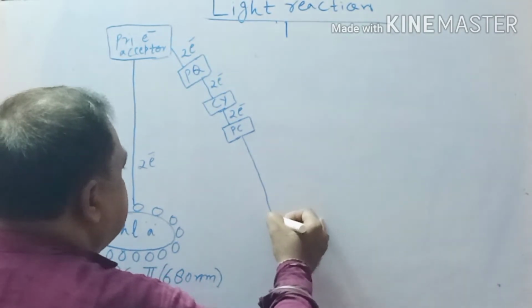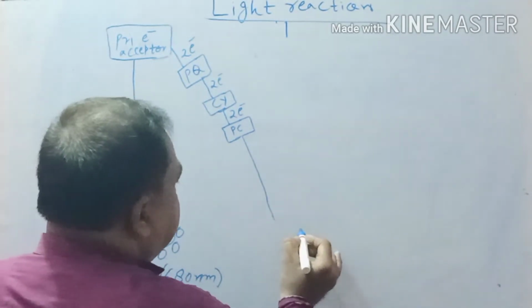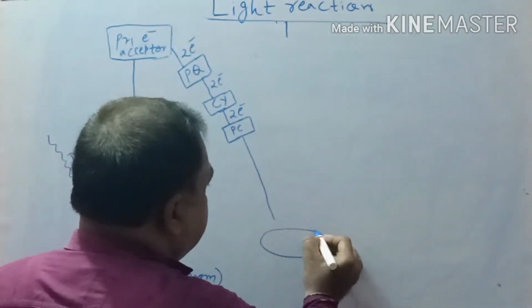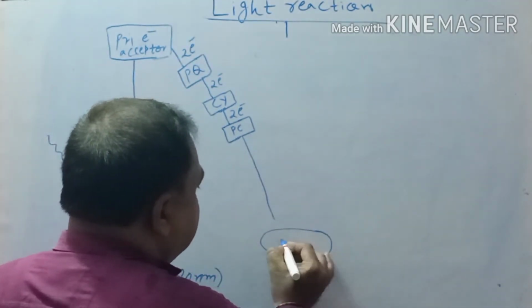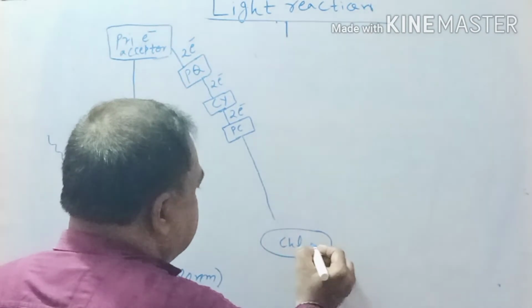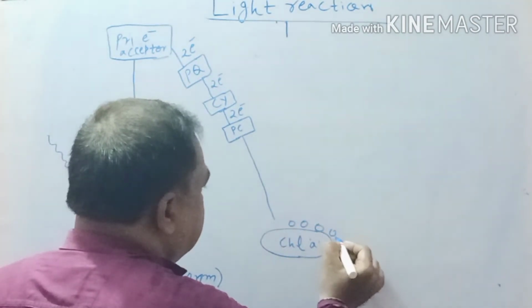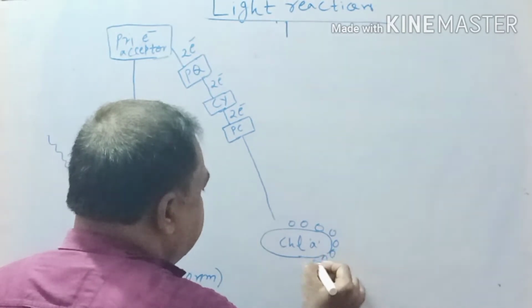Then the electron pair is accepted again by the reaction center, that is chlorophyll A, along with other pigment molecules.